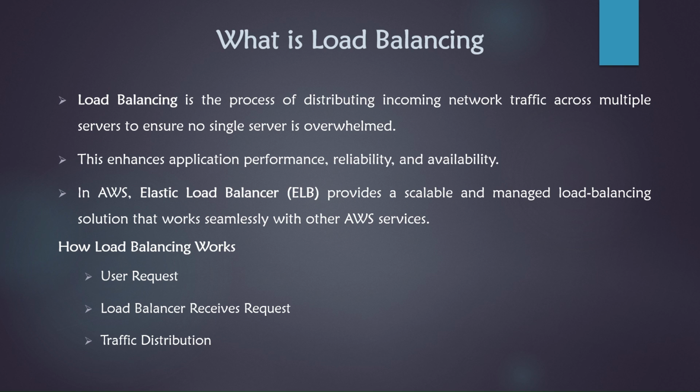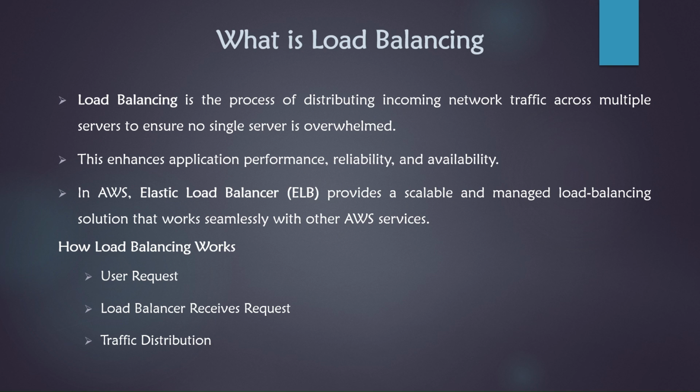The load balancer can distribute the traffic to reduce the load. This enhances application performance, reliability, and availability. In AWS, Elastic Load Balancer provides a scalable, managed load balancing solution that works seamlessly with other AWS services.